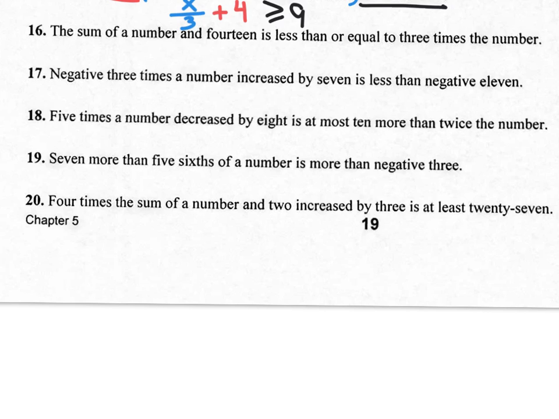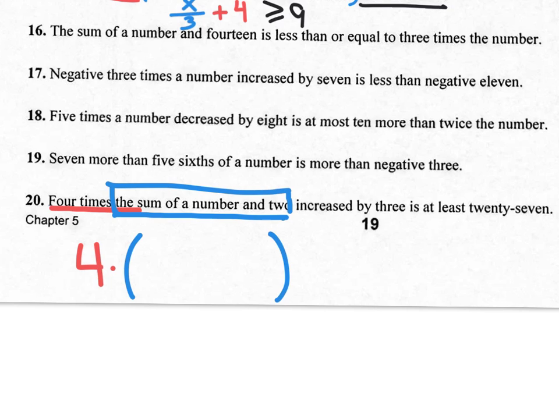So when we say 4 times, do we know what that means? 4 times. That means 4 multiplication, right? Okay, now 4 times what? We're talking about 4 times the sum of a number and 2. So when I say the sum of a number and 2, what are we really talking about? I'm talking about addition.